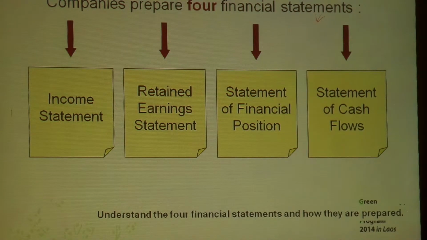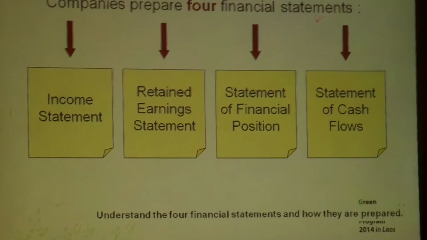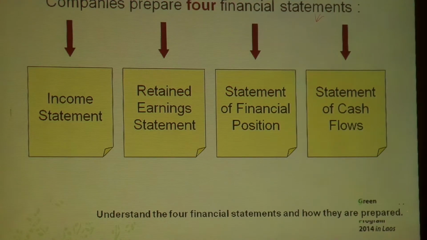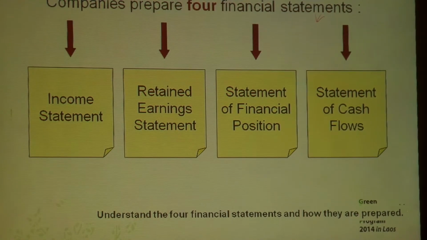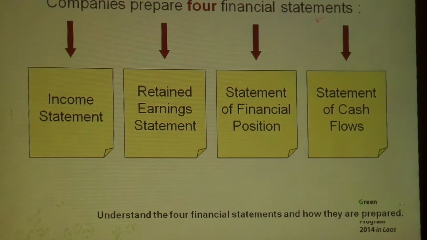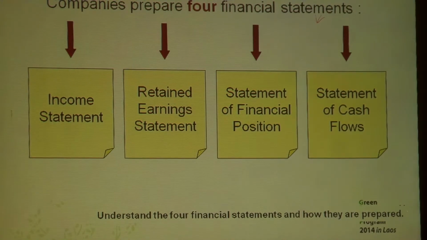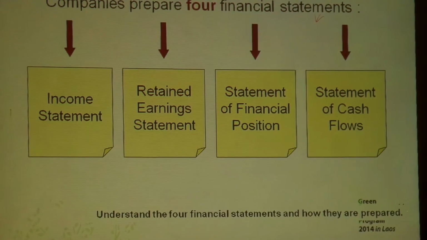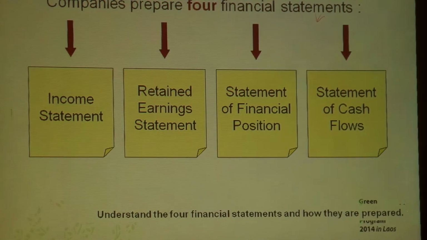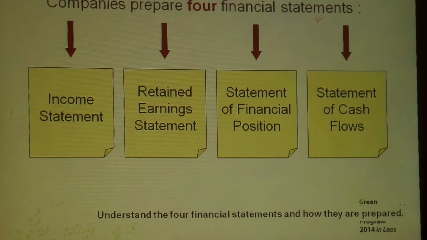Depreciation expense 10,000 here, debit, and the credit goes to accumulated depreciation, 10,000. Okay, in this entry, the depreciation expense of 10,000 is the expense account. This one is under equity, an income statement item.